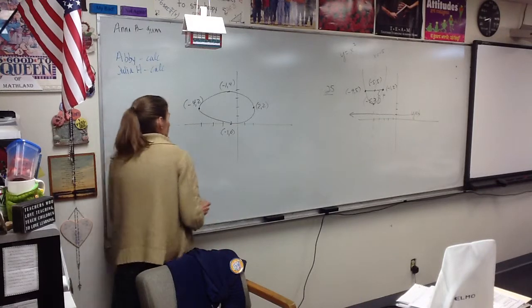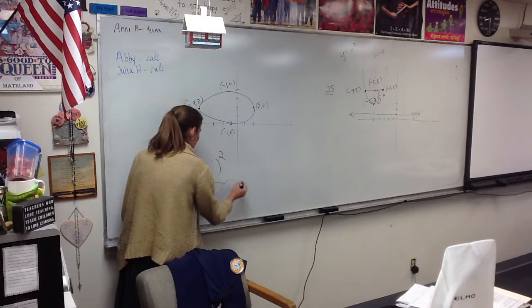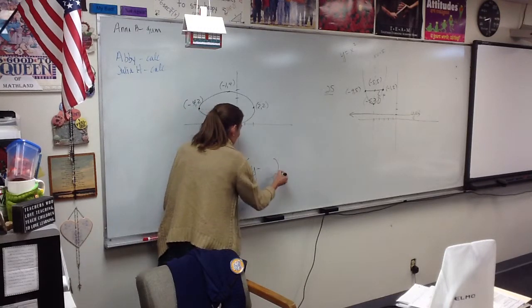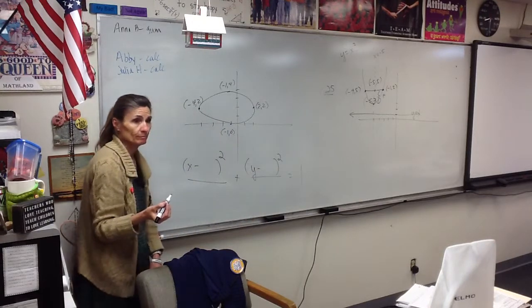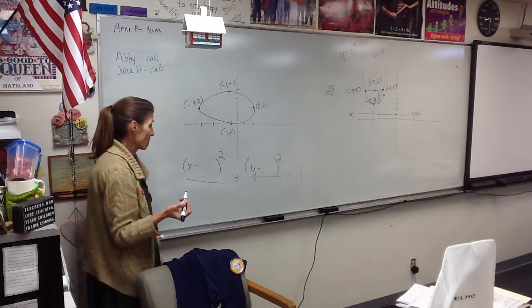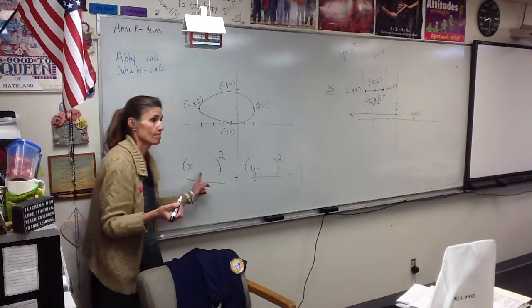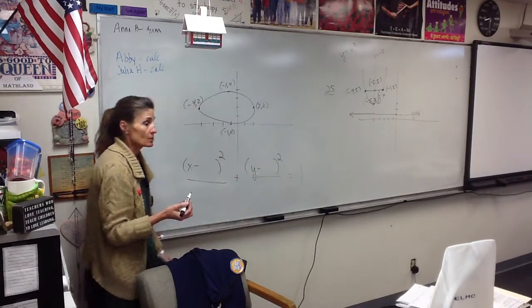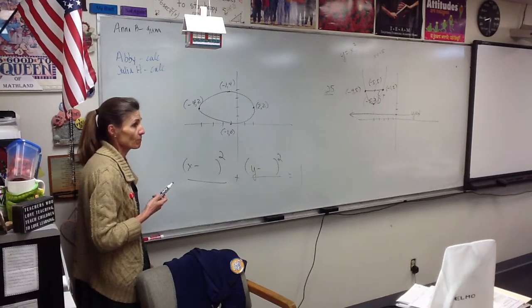Now, the equation of an ellipse, remember, after you get it all cleaned up, looks like this, right? What goes here? The center. So somehow you have to be able to find the center from this information.